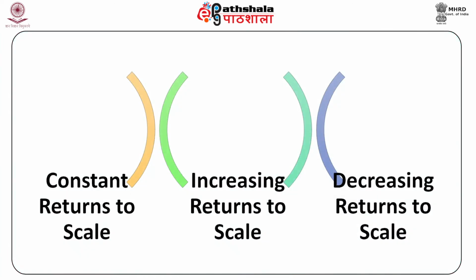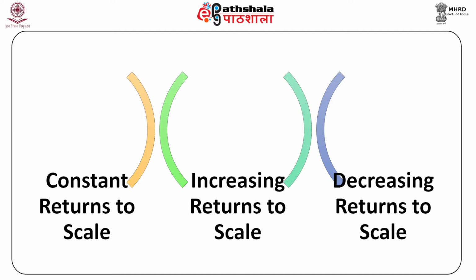There are three possibilities. First, a firm has constant returns to scale. A proportional change in both inputs leads to a change in output by the same proportion. That is, doubling of both inputs leads to the doubling of output. Second, a firm has increasing returns to scale. A proportional change in both inputs leads to a greater than proportionate change in output.